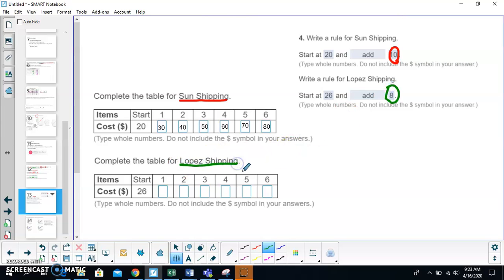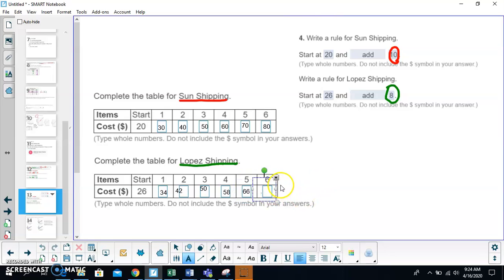Okay, so this one you might have to get a blank sheet of paper and write down your work. I'm just going to show you quickly in my head that 26 plus 8 is 34. 34 plus 8 is 42. 42 plus 8 is 50. 50 plus 8 is 58. 58 plus 8 is 66.